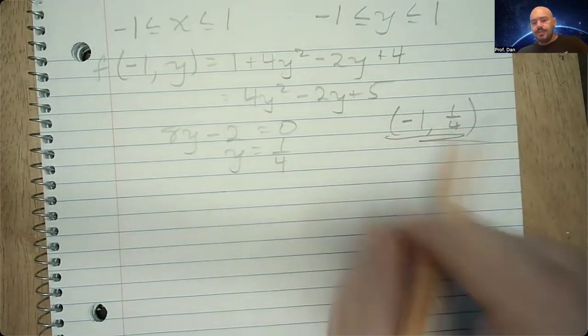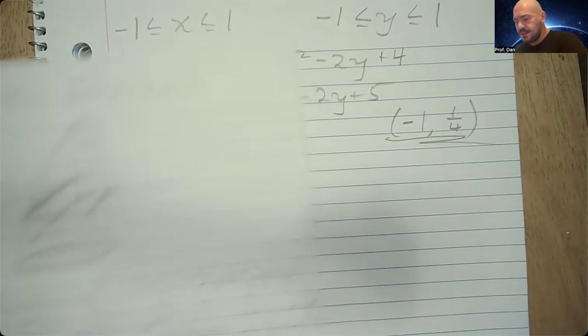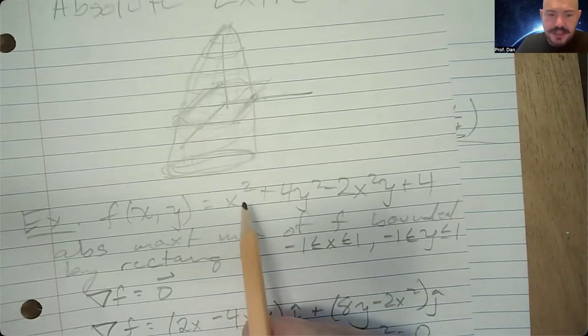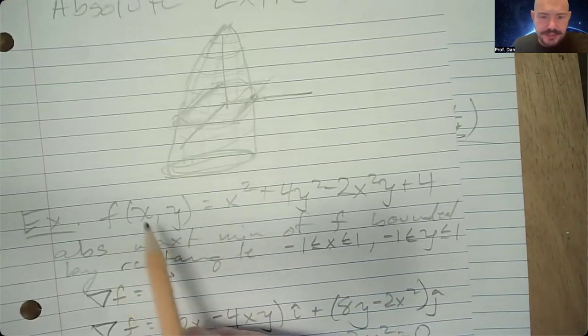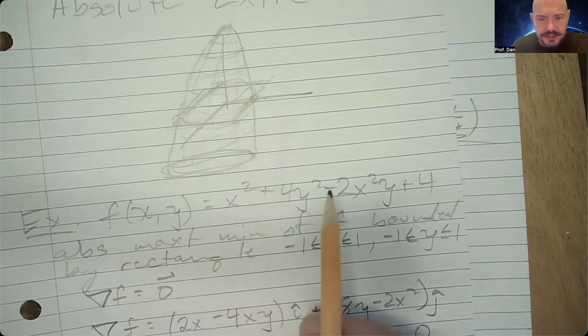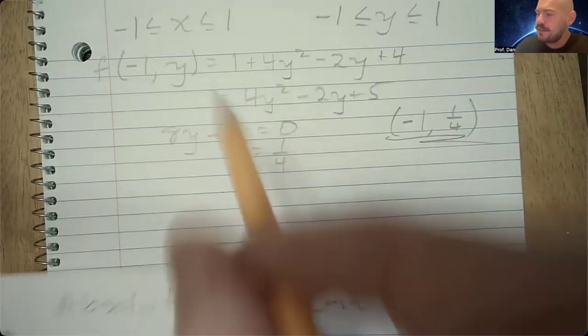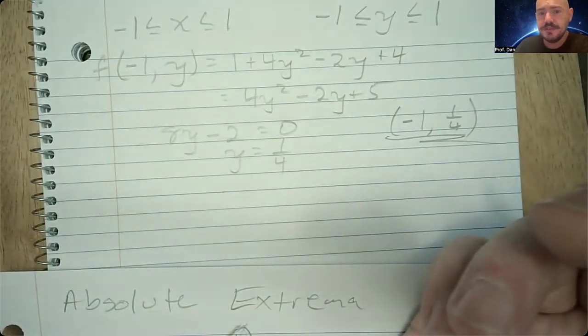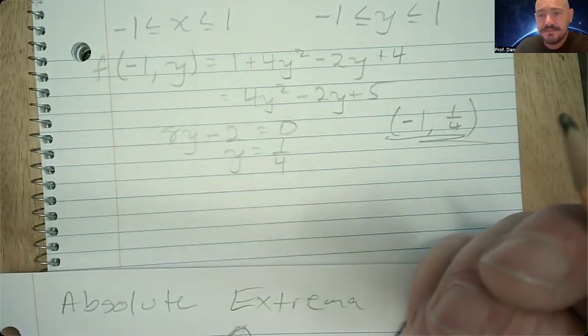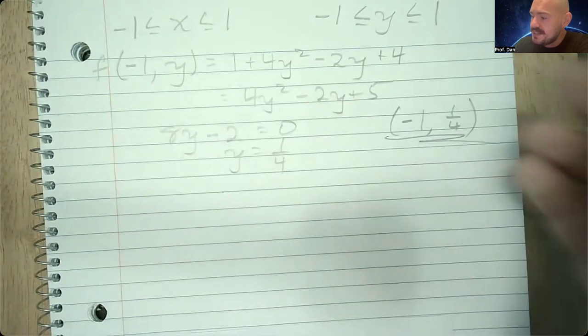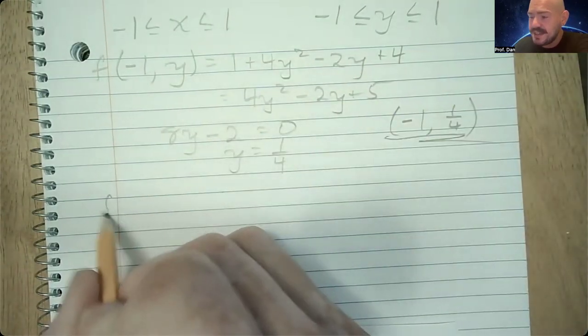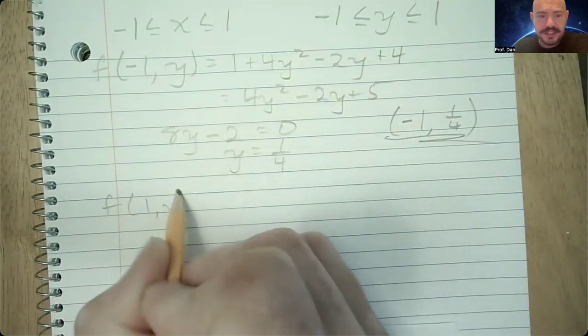Now, the thing I want you to consider before I talk about the next thing is that in the original function f of xy, all of the x's are squared. When all of your x's are raised to an even power, f of -1 will give you the same thing as f of 1. So the next thing I had to check was f of 1y, right?